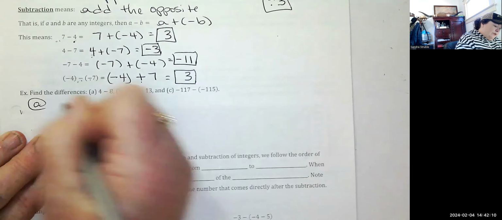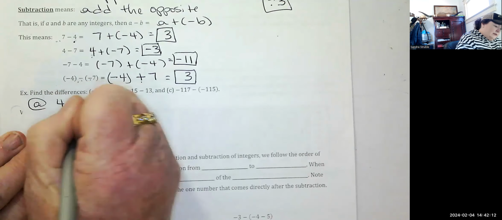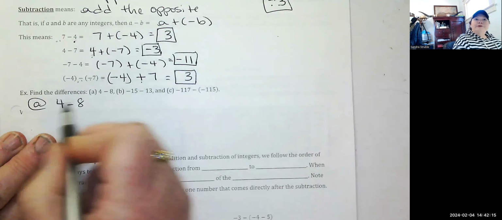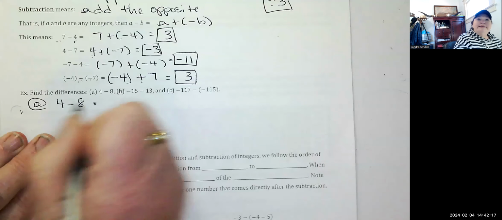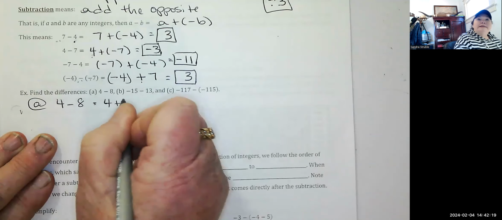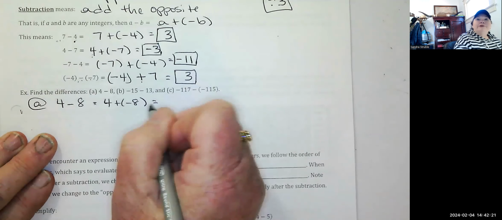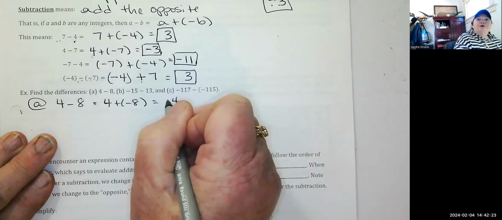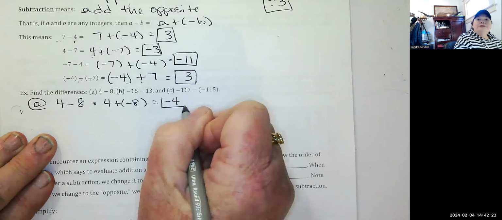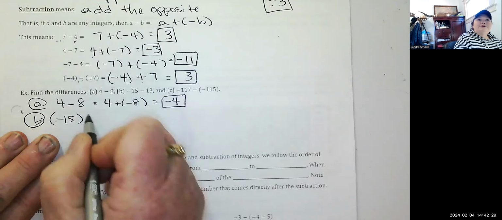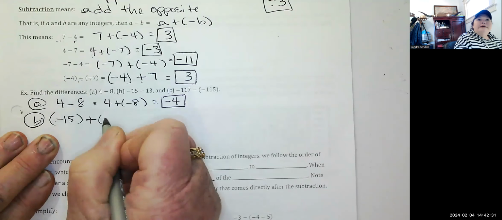All right. Find the differences. So for A, we've got 4 minus 8. Signs are different. I can write it just like this, or I can write 4 plus negative 8. Signs are different, so we're going to have to subtract, take the sign of the larger number, which is 8. Negative 15 minus 13, so plus negative 13.